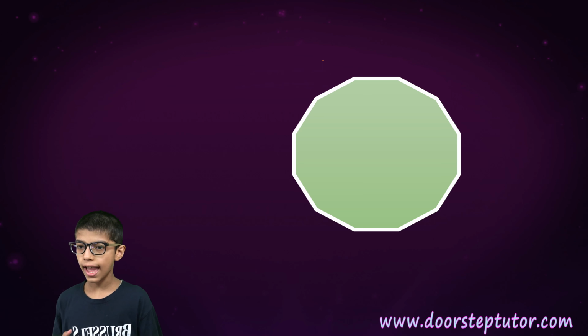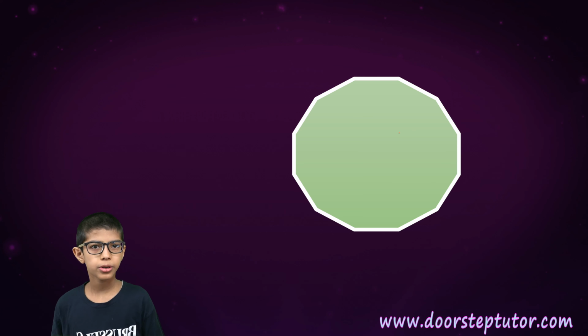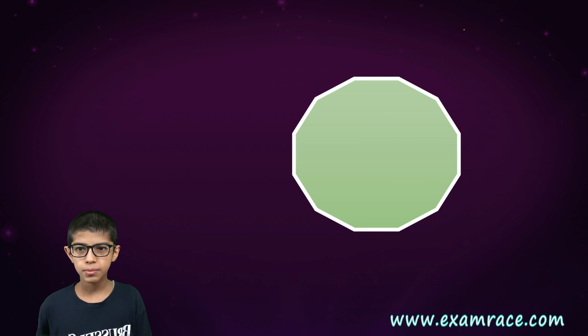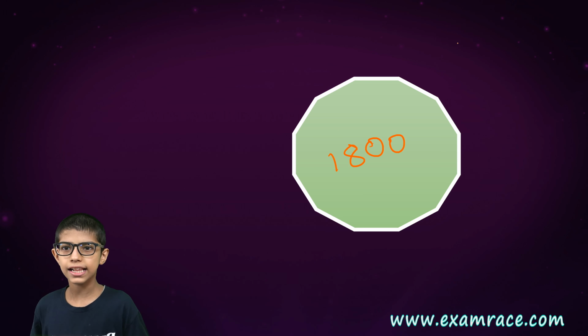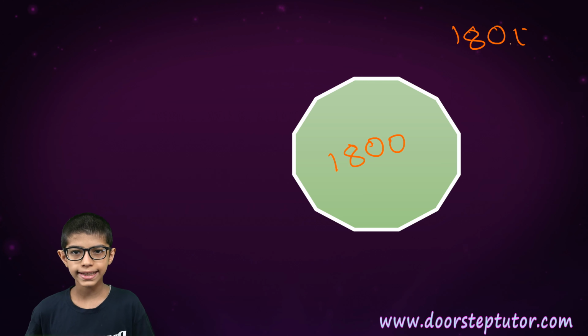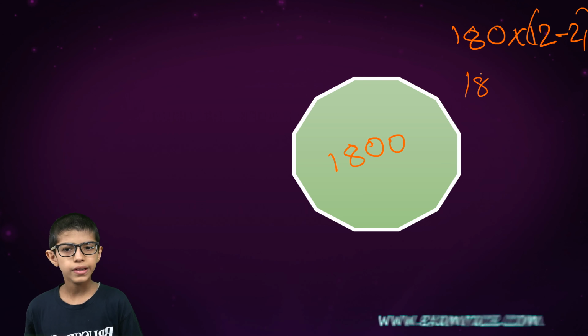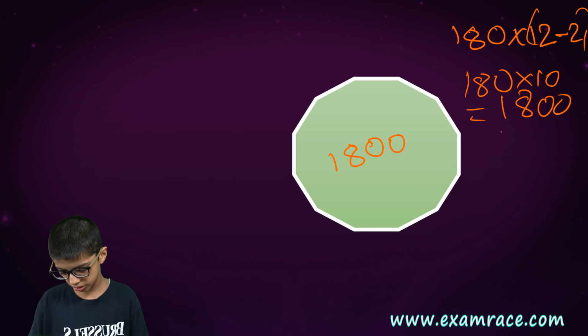The angle sum property of this dodecagon is very high. How much is it? Yes, it is 1800. Let's calculate it. 180 multiplied by 12 minus 2 in brackets, 180 multiplied by 10, which gives us 1800.